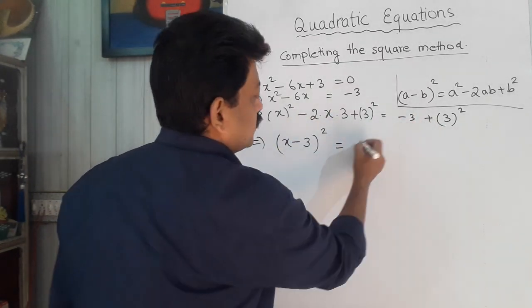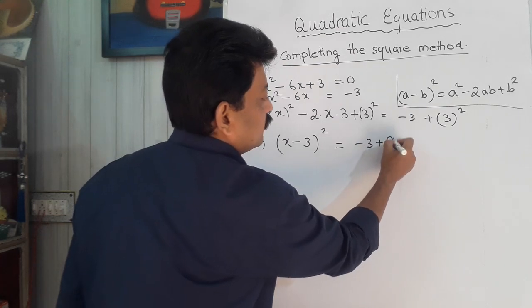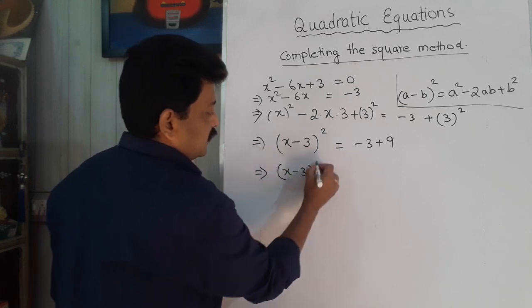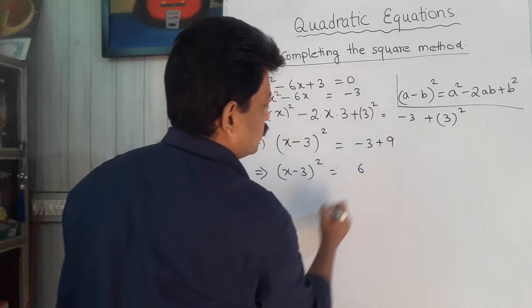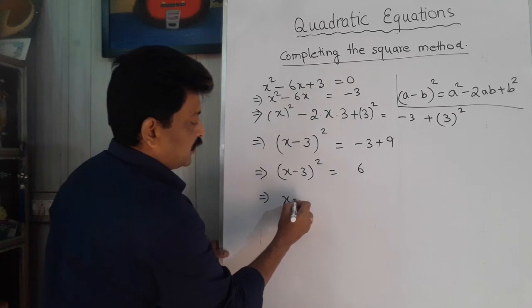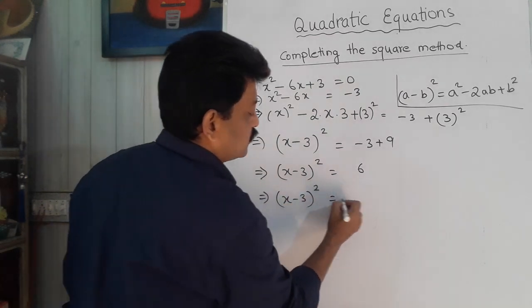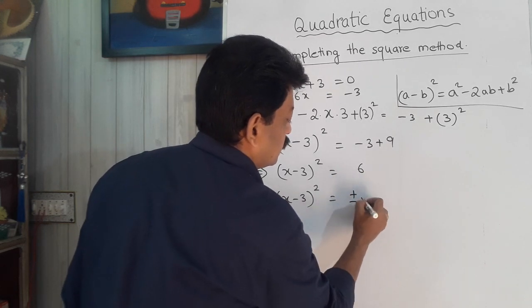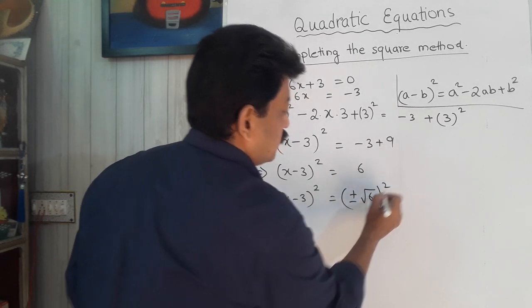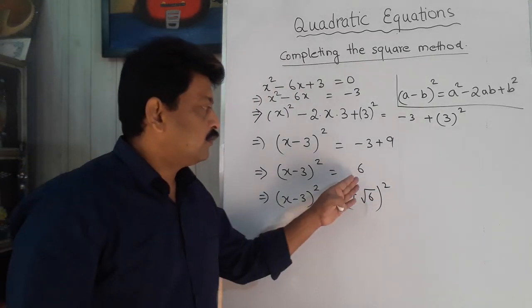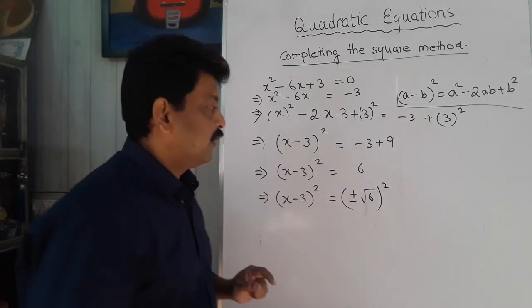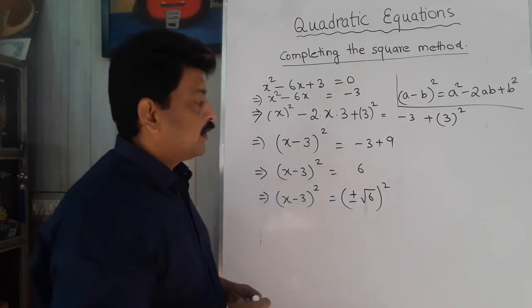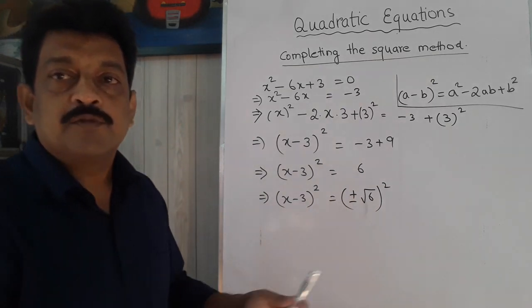Okay, and this side, let me simplify. So (x minus 3) whole square is equal to, here it is 6. (x minus 3) whole square equals plus minus root 6. The right hand side we have to write in the form of a whole square, since we know that both the positive and negative value of a number, the square becomes positive.